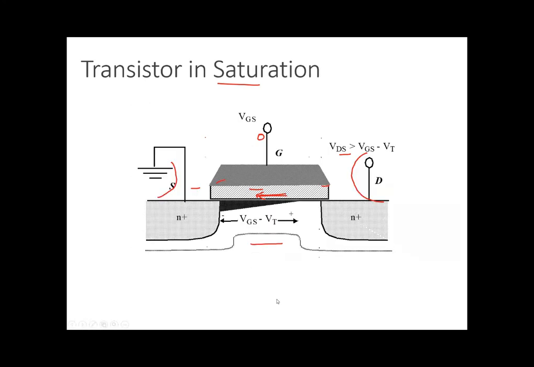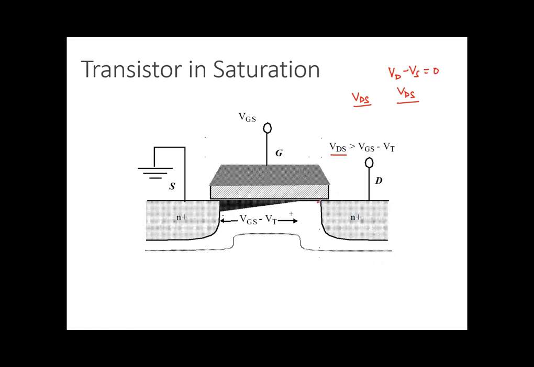So now, when you increase this particular potential, your drain source potential, we are not increasing at source. Basically, we are applying potential at drain, so source is grounded. So this is definitely going to increase the value of VDS. Because of that, this potential is going to be decreased.